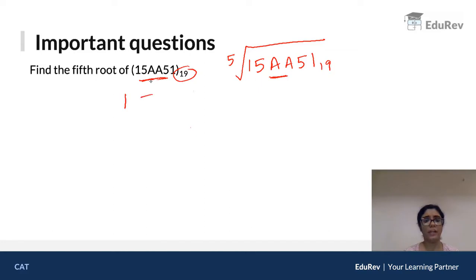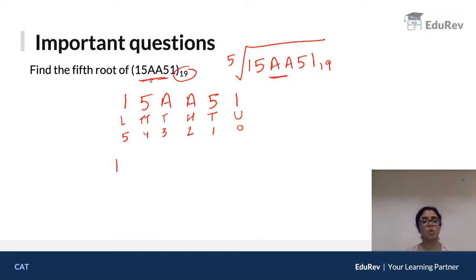15AA51. This represents the units place, tens place, hundreds, thousands, ten thousands and lakhs. Generally we multiply with power 0, power 1, power 2, power 3, power 4, power 5.